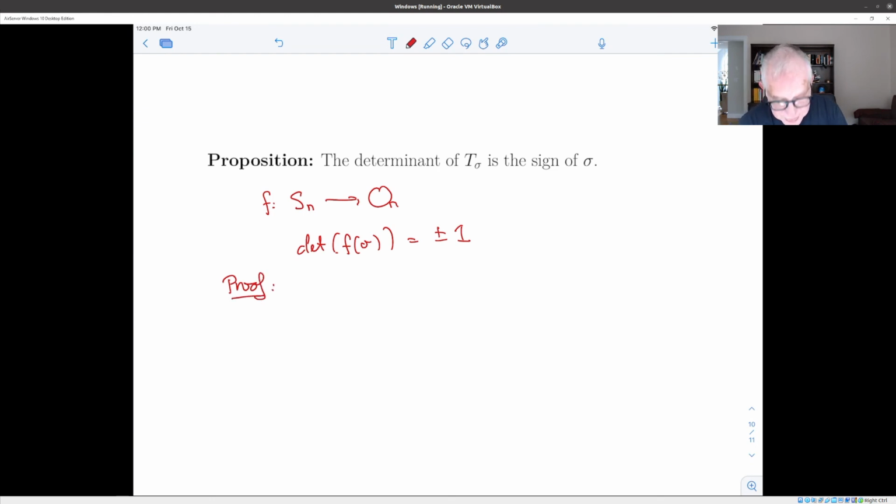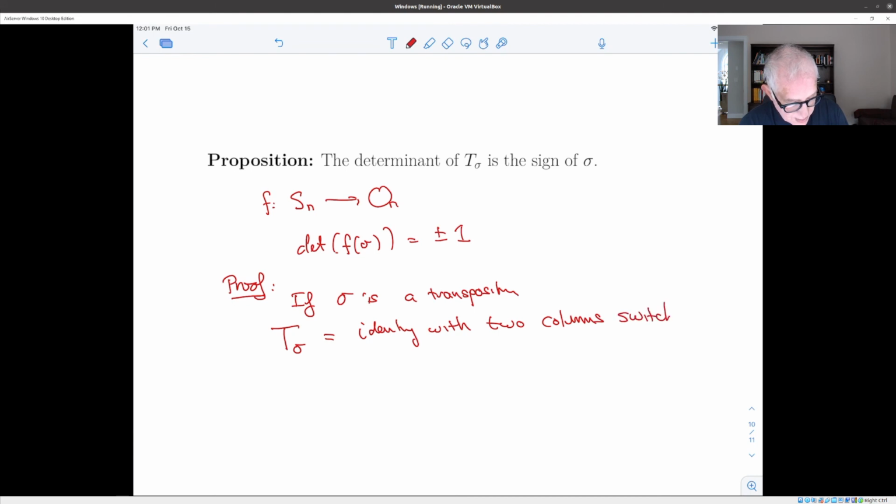is that if sigma is a transposition, then T sigma is the identity with two columns switched. And so it has determinant minus 1.